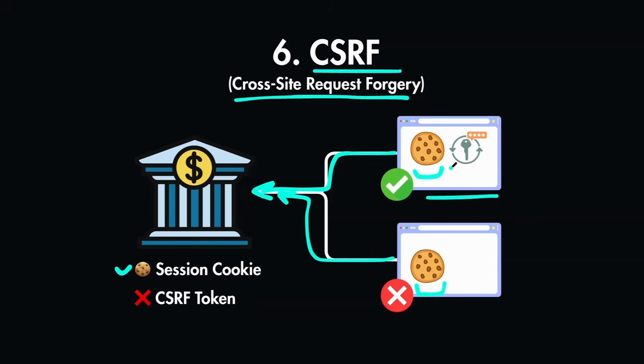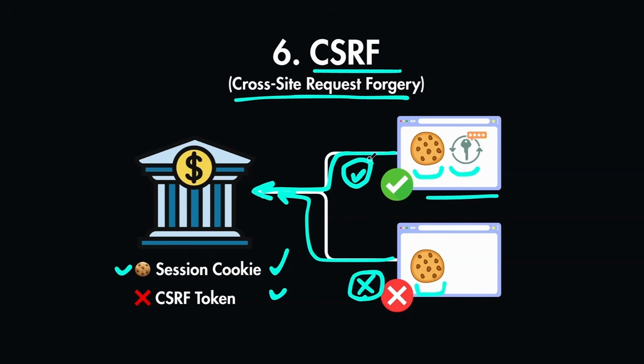So to prevent such attacks, companies also use CSRF tokens in combination with the session cookie. So the banking system will check if the session cookie is present, but it will also check if the CSRF token matches the one that they have. And if it doesn't, then it will block this request from the other unknown source, while it will allow requests on your behalf.